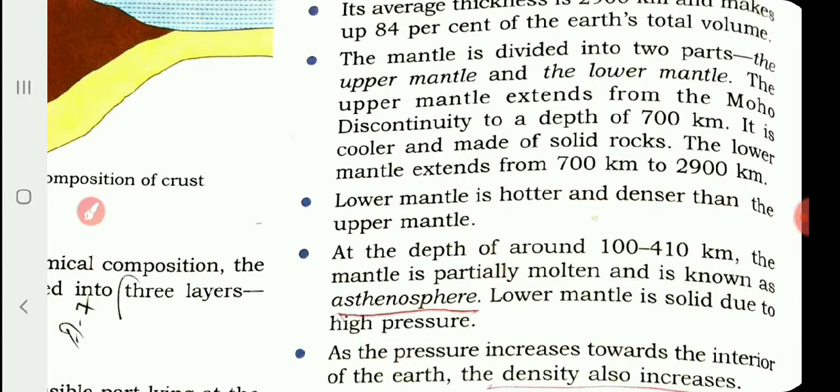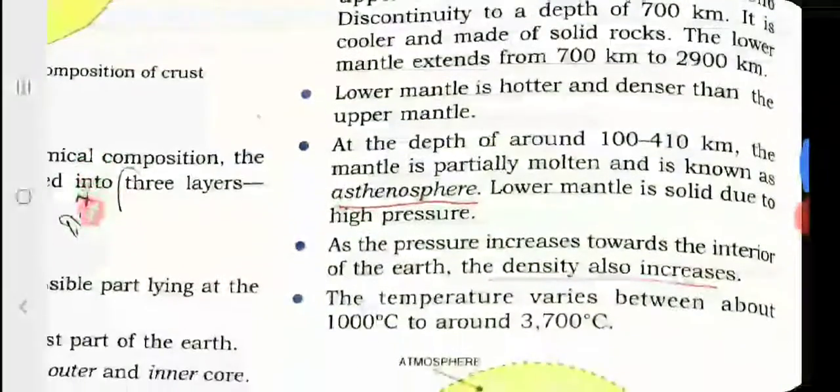Now you see, the upper mantle extends from the Moho discontinuity to a depth of 700 kilometers. Now you may be doubting what do you mean by Moho discontinuity.